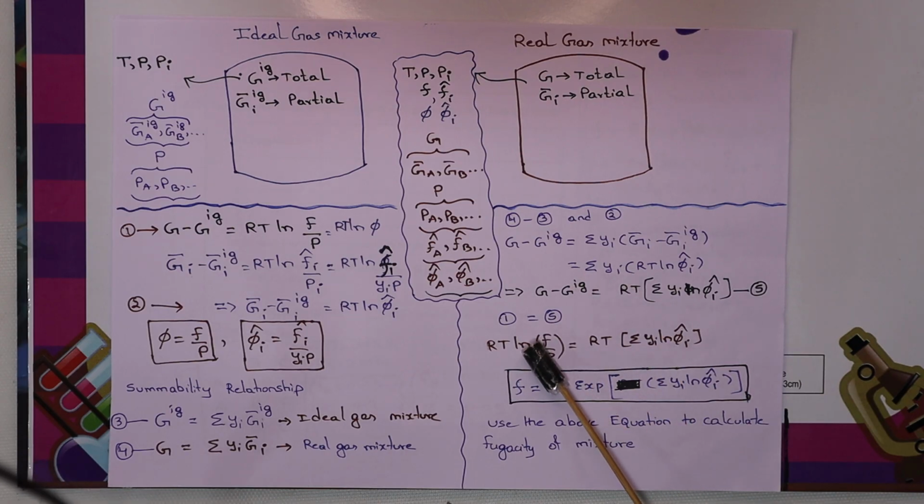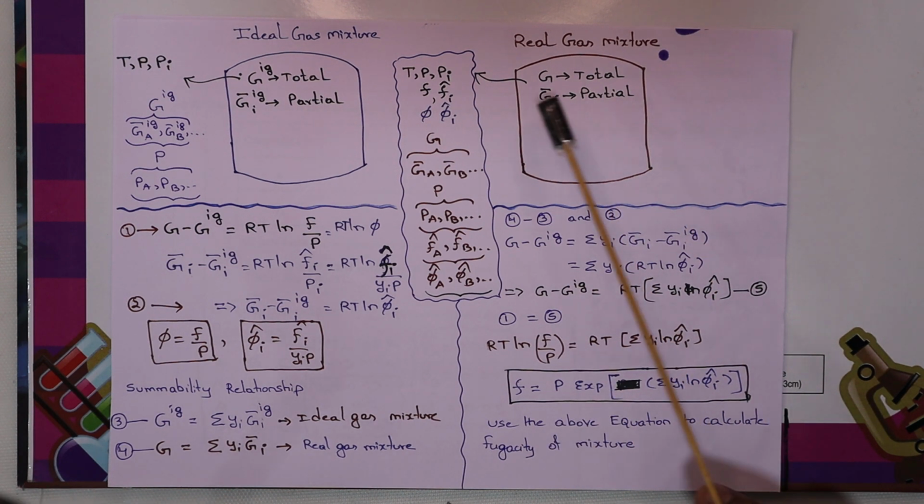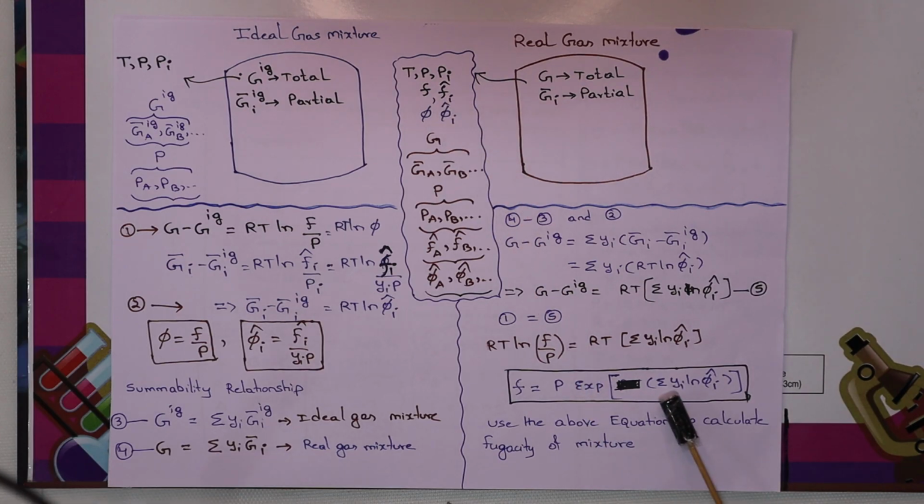So, substitute the particular expression and equate it to this one. Then finally, you get F equal to P times exponent of sigma Yi ln phi i cap. This is the formula. That means the fugacity of this particular mixture is nothing but the pressure into exponent of sigma Yi ln phi i cap.